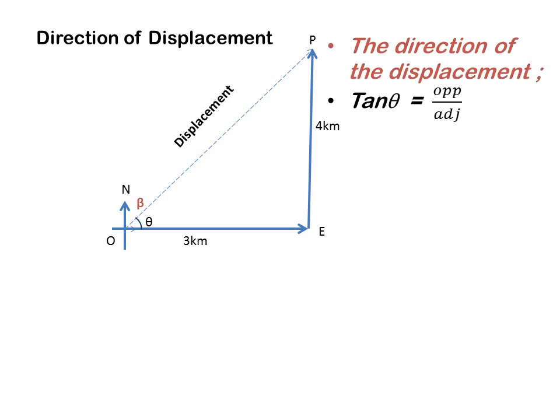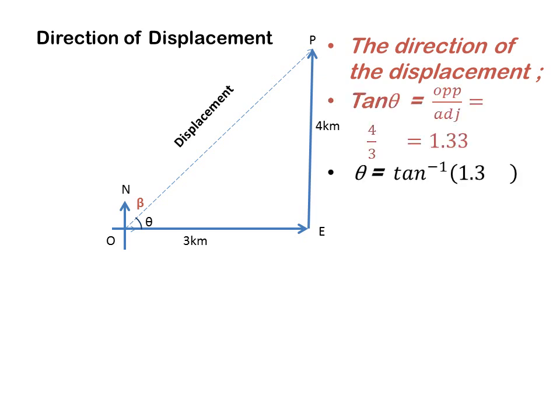Tan theta is equal to opposite upon adjacent. That's the relationship between theta, the adjacent, which is 3 kilometers, and the opposite, which is 4 kilometers. Opposite is 4, adjacent is 3. If you do the arithmetic, we have 1.333.